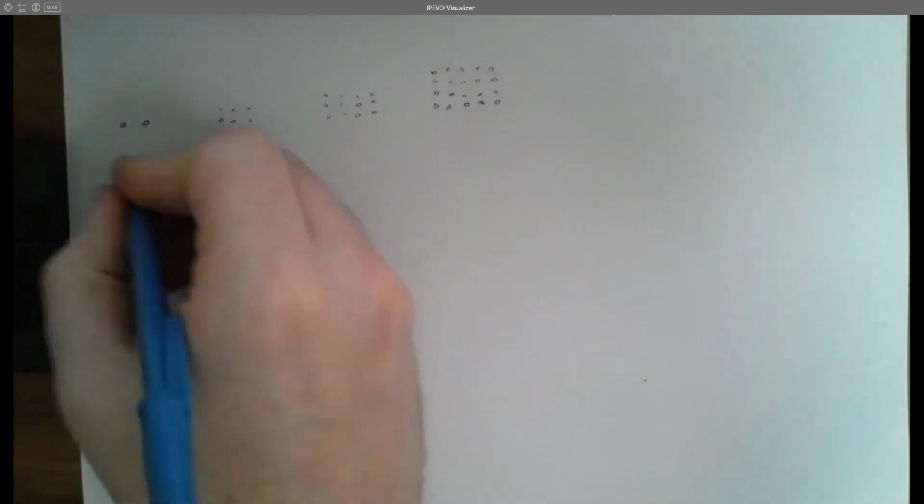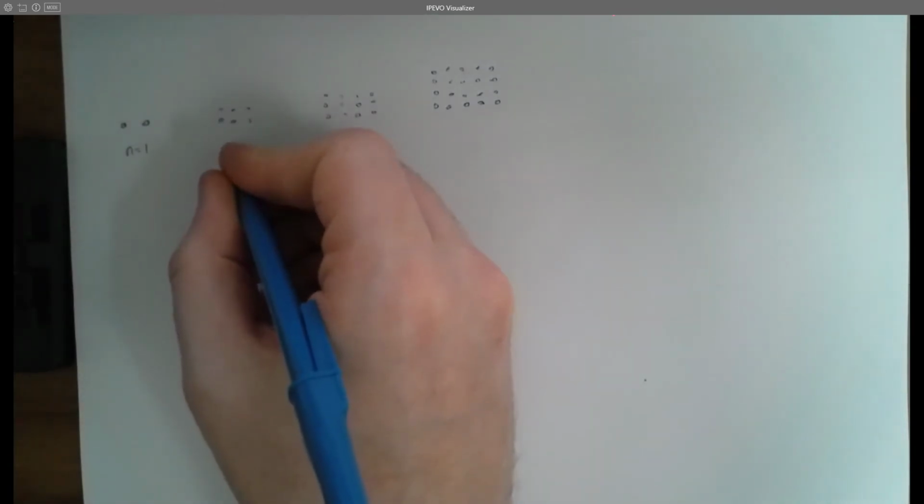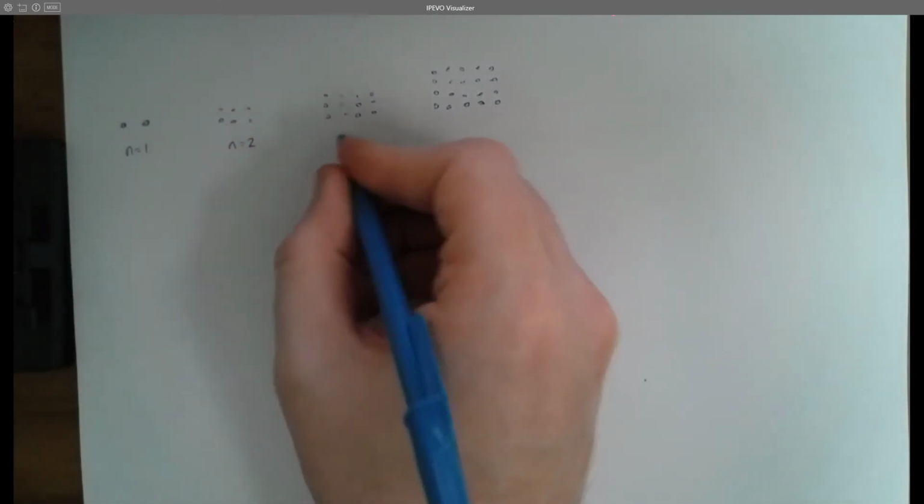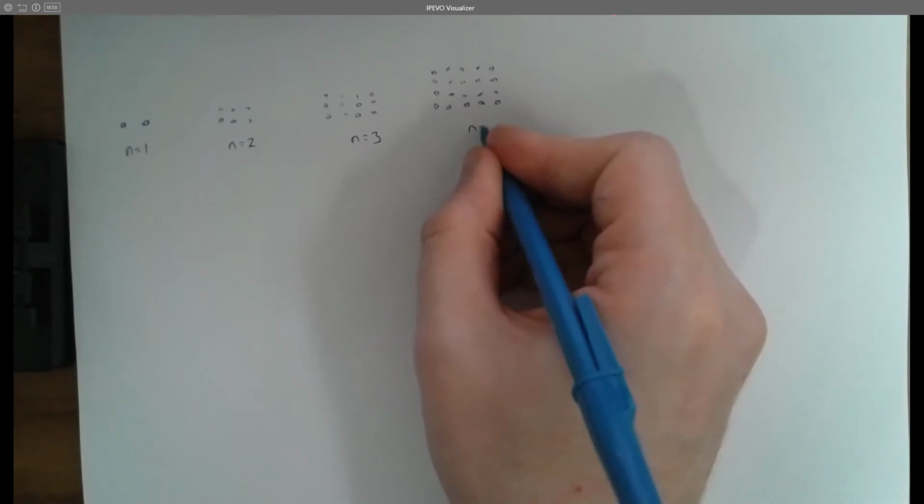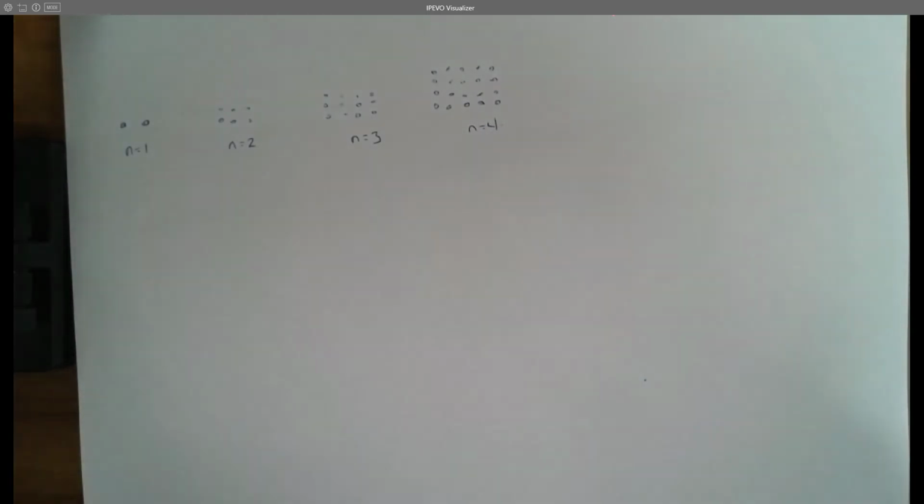Okay, so our n is 1, our first term, our n value is 2, our second term, third term, fourth term. At first we're asked to find the general term in this sequence.